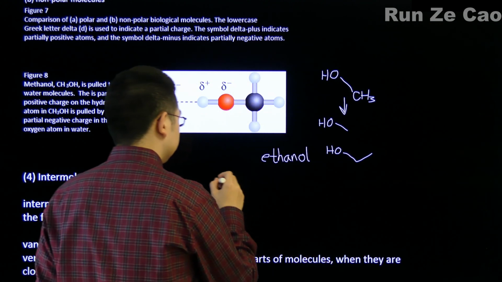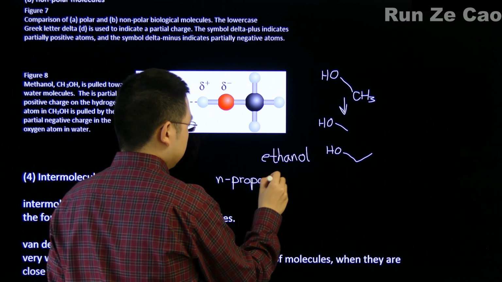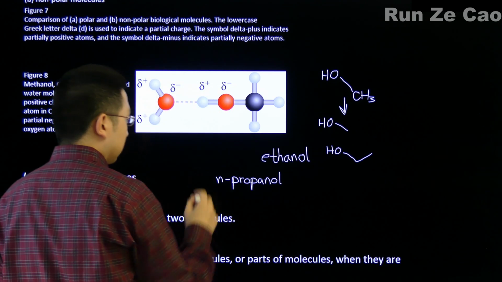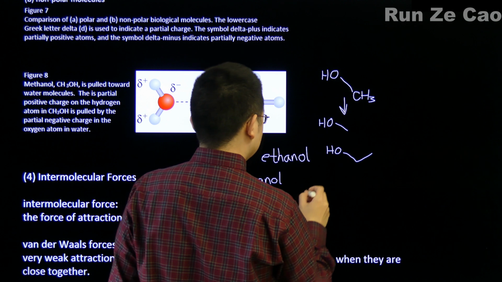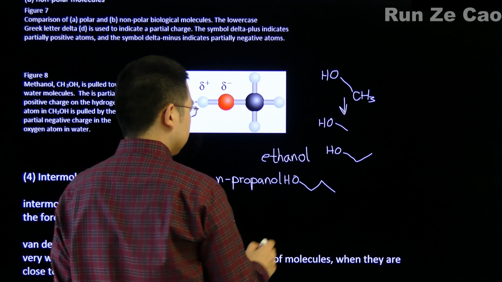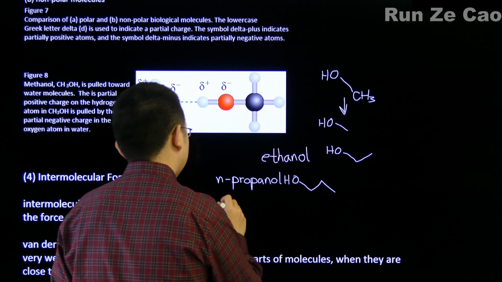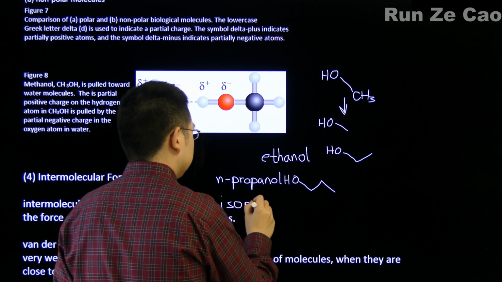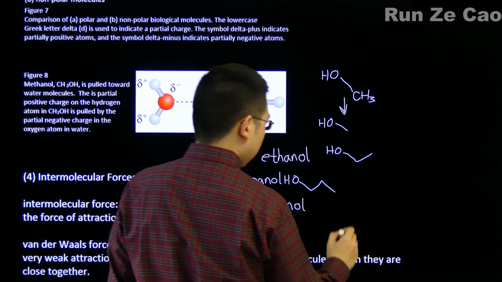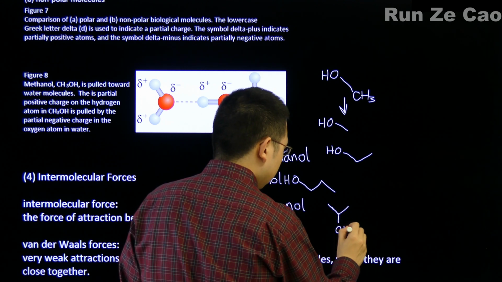And propanol, or 1-propanol, technically, although you still see lots of bottles labeled as N-propanol, would be this thing. And then there's, not enough space, isopropanol, which would be also 3 carbons, but the OH comes out in the middle.